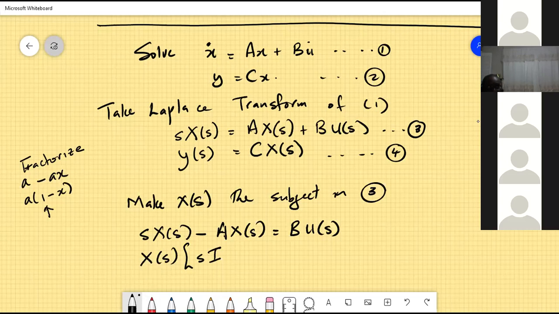We are subtracting two matrices, matrix A times X(s), so this here has to be a matrix. So we have to put s times the matrix equivalent for 1, which is I. That's why we put the I, because now we end up with a matrix.